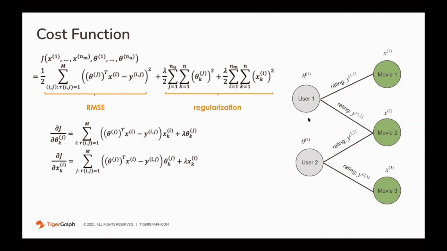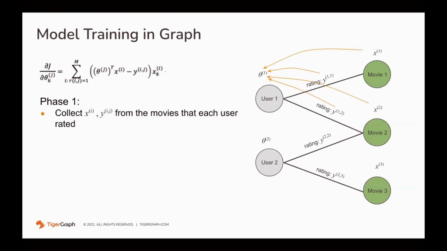Given this kind of connection between users and movies, generating these latent factor vectors through gradient descent makes it very easy for a graph problem, and a graph database can resolve this and run it in parallel. So here is the model training in graph and how it works.